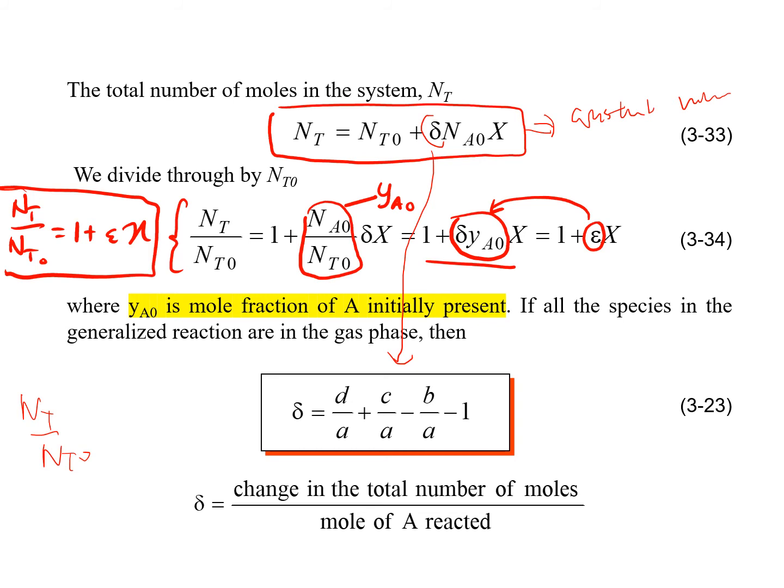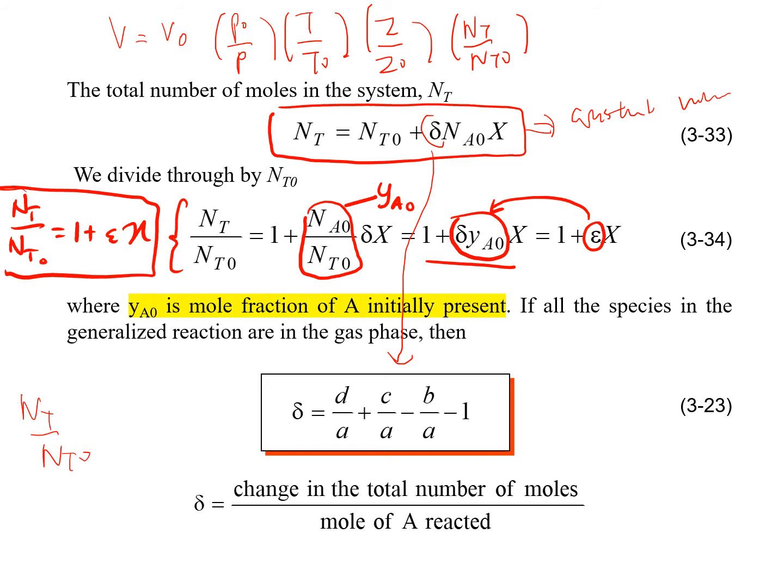Where do we get N T over N T naught? Remember, it is from the previous slide. This one, V is equal to V naught, P naught over P, alright, and then we have T over T naught, times with the Z over Z naught, times with the N T over N T naught here.